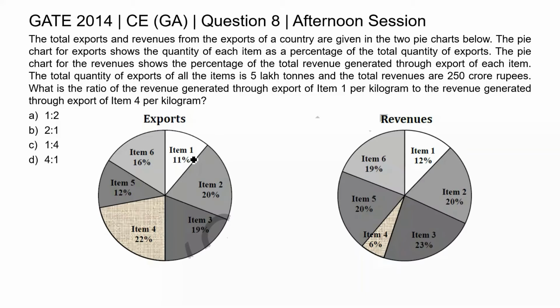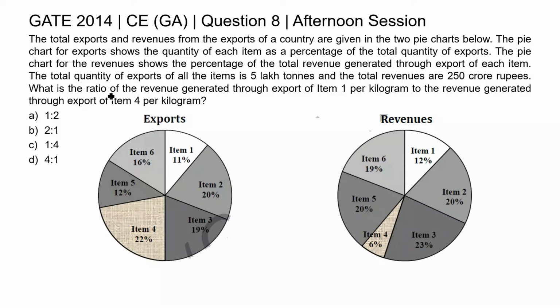So in this question, two pie charts are given. One pie chart is showing the export of different items and the second pie chart is showing the revenues of different items. The total export is 5 lakh tons and the total revenues are 250 crore rupees.